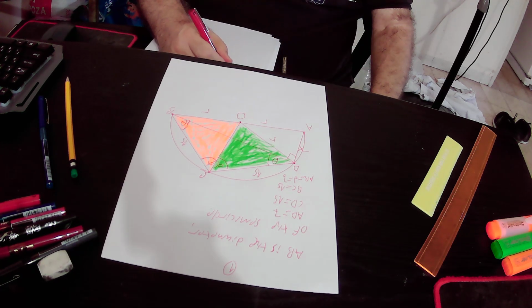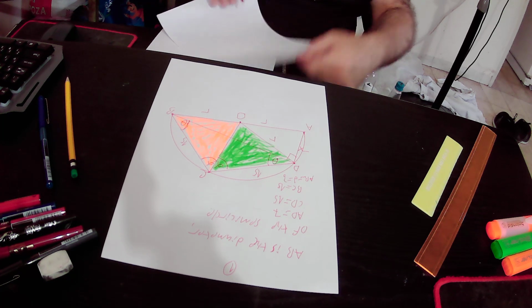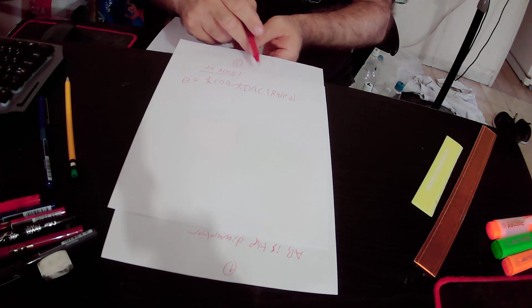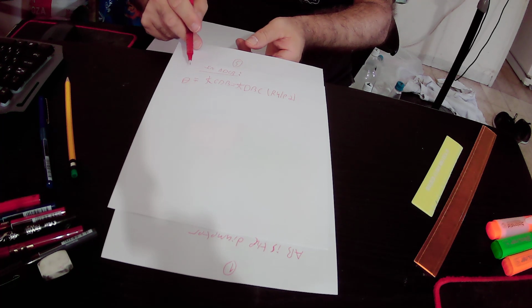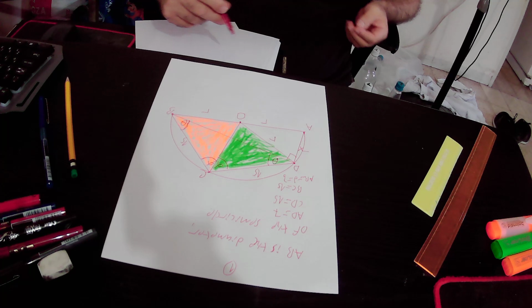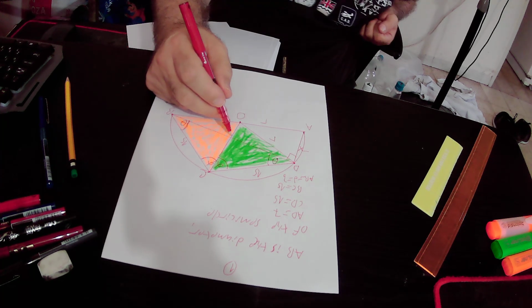Okay? So angles CDB and DBC are both equal to theta. Okay? In the next step we will define this point as point E.